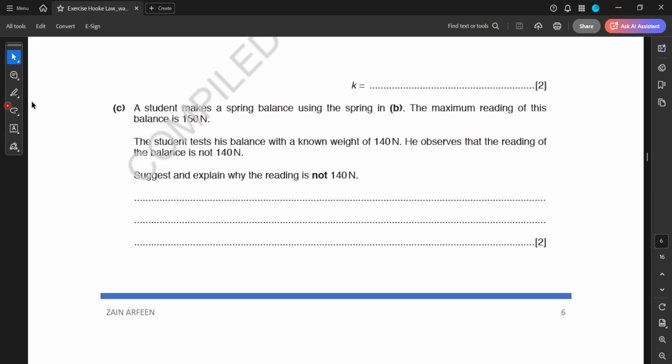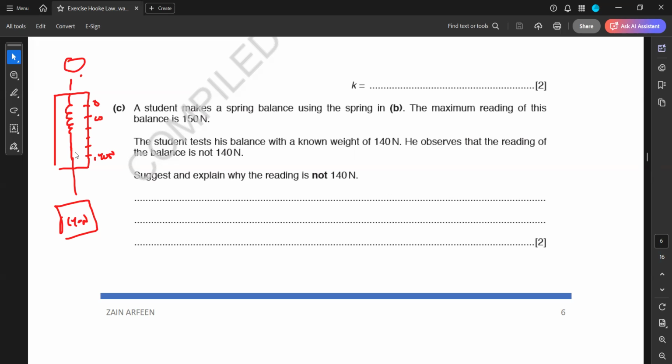The student used this spring to design a balance. The spring is there, and this will have the numbers 0, 10, 20 until 140. So when he adds a load of 140 newton to this spring balance, he found that the reading is not correct.